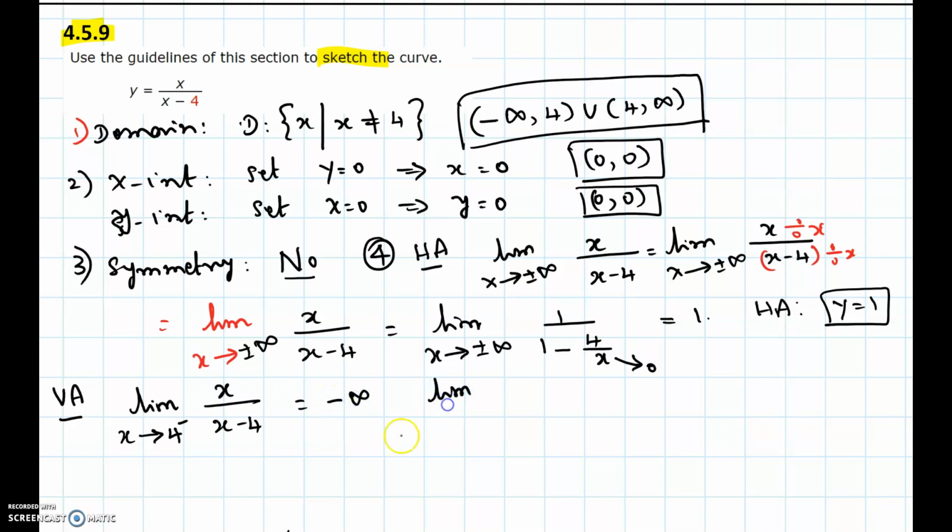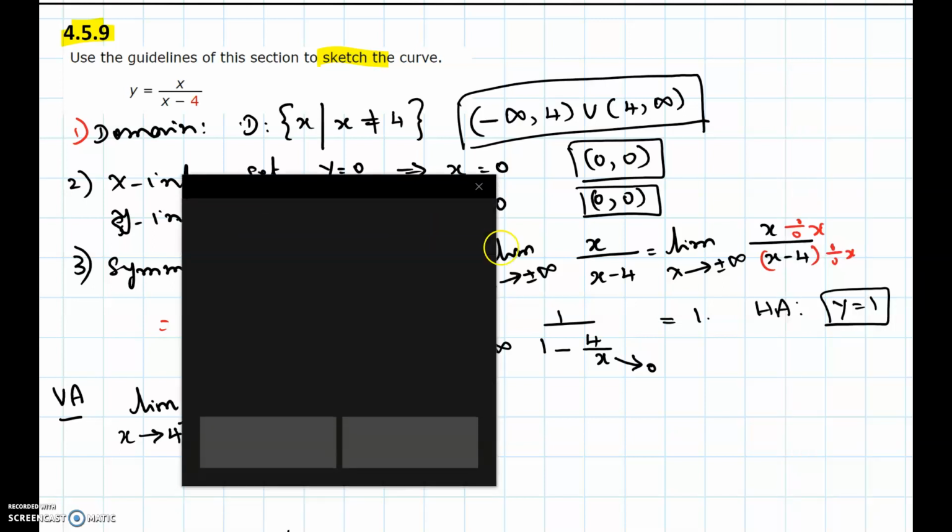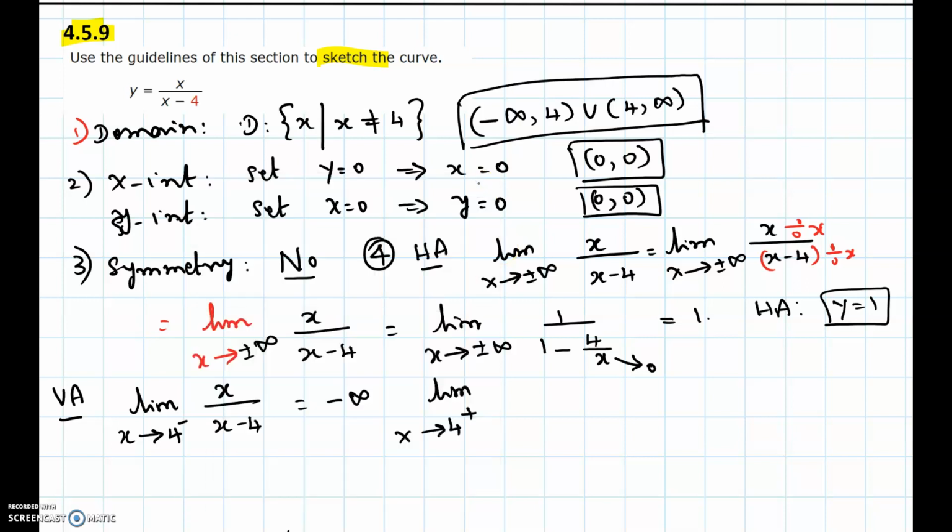And when you allow x to approach 4 from the right side of 4, which means that x is slightly more than 4, x over x minus 4 in this case would become infinity. So to the left side of 4, the graph is approaching negative infinity. To the right side of 4, the graph is approaching positive infinity. This tells us that the vertical asymptote is x equal to 4.